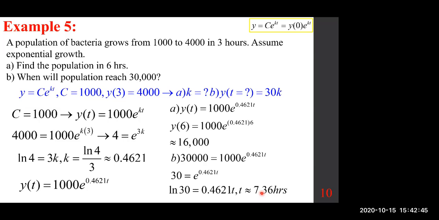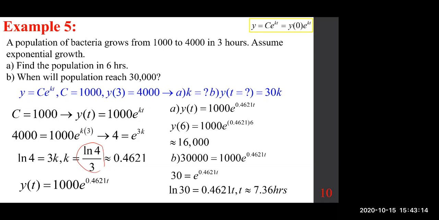This is the exponential growth. I'm going to quickly show you something you've seen in algebra class, but in case you forgot, this is another approach, and sometimes it works better when you want to come up with a better approximation. So let me show you something. Okay, so we got ln 4/3, right? So look at y of t.